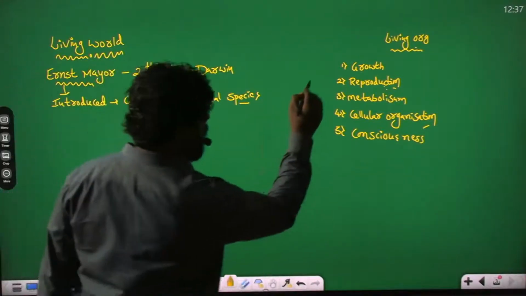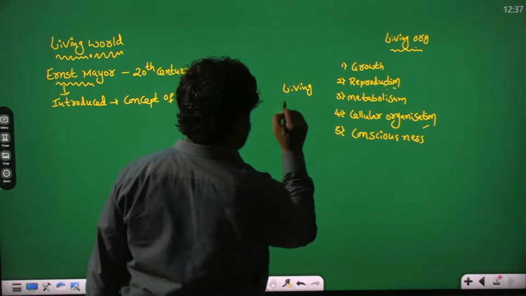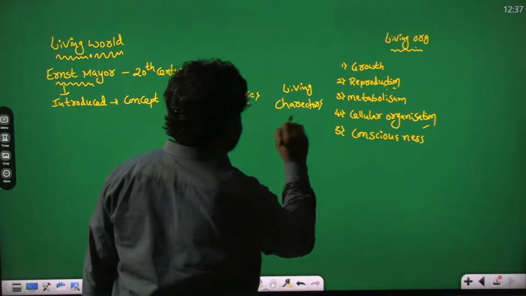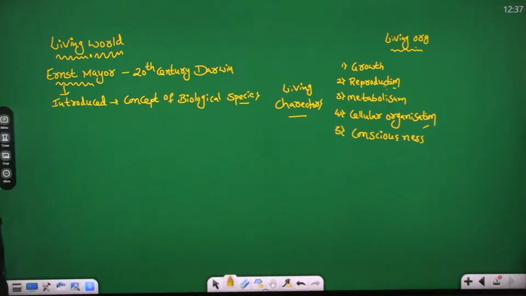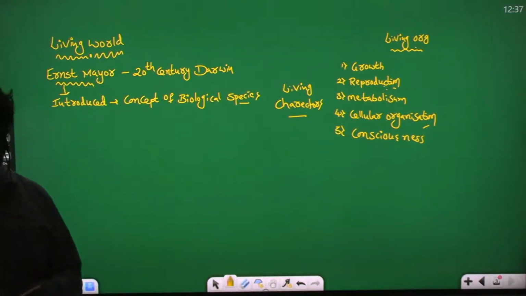These 5 are the living characters. But these 5 characters are not all defining properties of living.